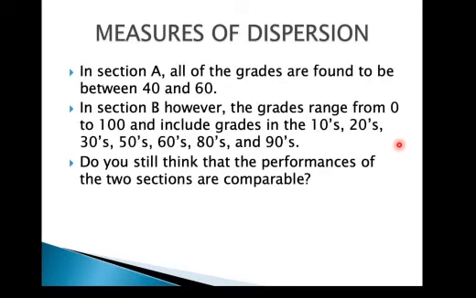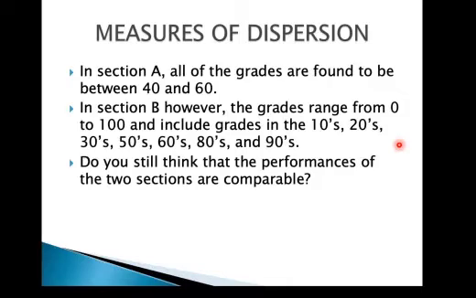Well, let's look at section A. In section A, all grades were found to be between 40 and 60, and the mean is 50. In section B, however, the grades range from 0 to 100, and that includes grades in the 10s, 20s, etc. And then, the mean grade is also 50.